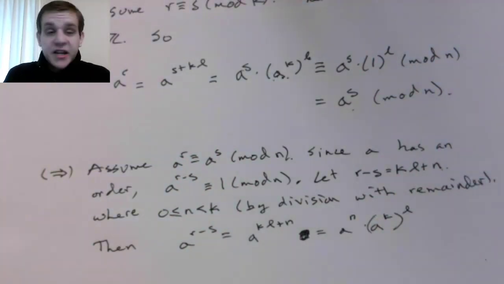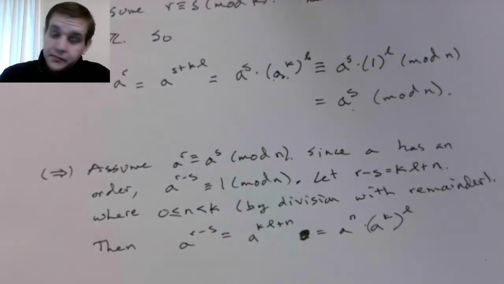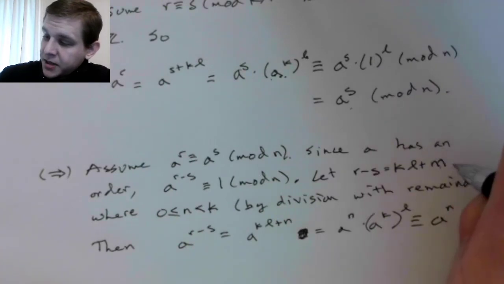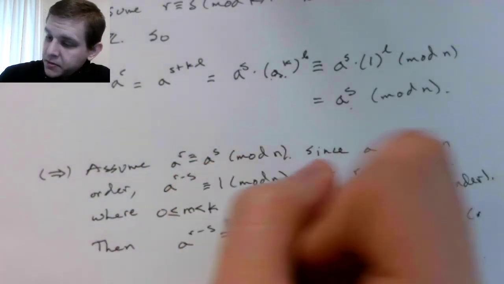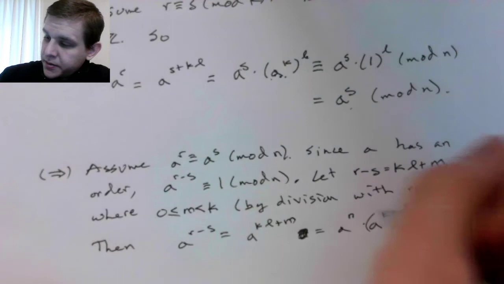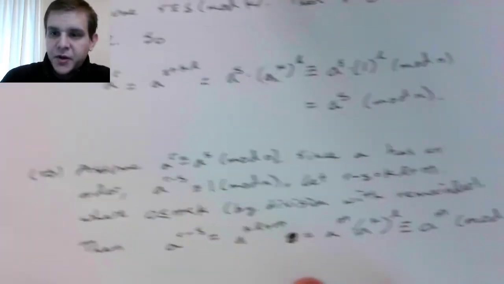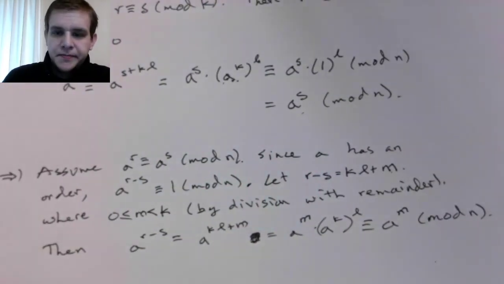And this a to the k just goes around the cycle, right? a to the k is equal to 1. And I do it l times, so this is still congruent to a to the n. Oops, n was bad. Let me change it to m. Sorry about that. So a to the m mod n. All right, n is always my modulus here.